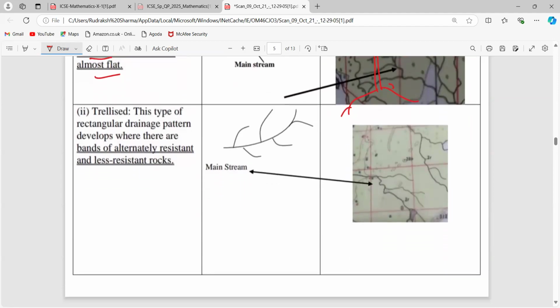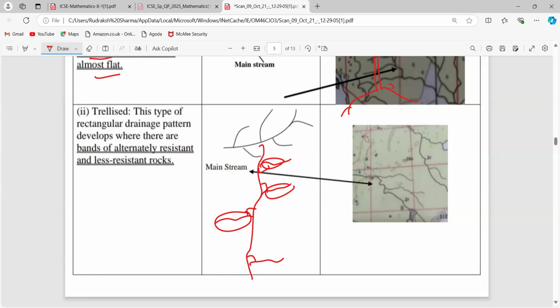In trellised, this is the mainstream, and the others join at 90 degrees, 90 degrees, 90 degrees. You can see that in trellised, the streams joining separately with the main stream are forming 90 degrees with the main stream, and that's why they are called trellis.